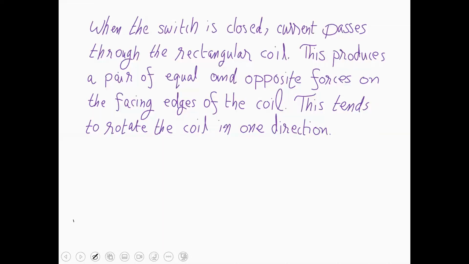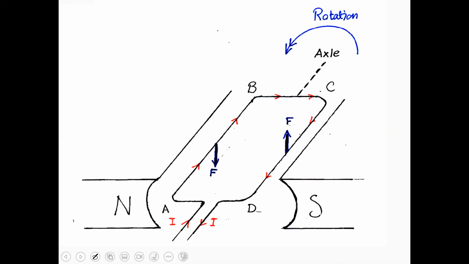When you pass current, on one side the force is downward and on the other side the force is upward. This is just like a bicycle pedal. And what happens? The coil will try to move in one direction.